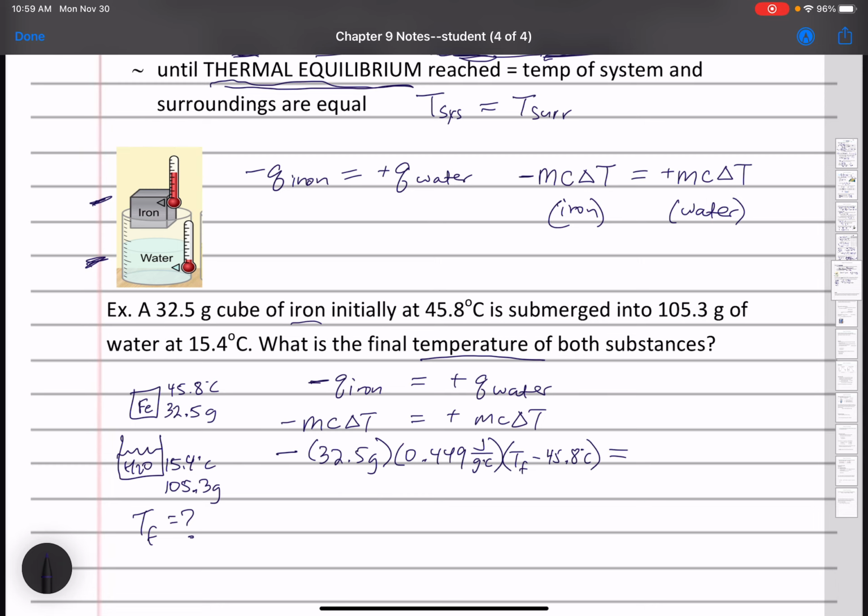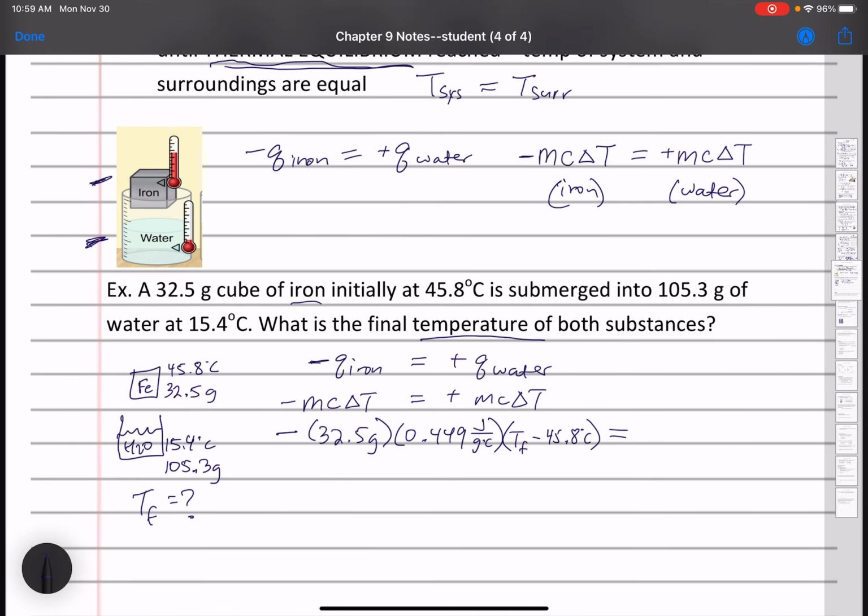All right. Now equal to those same things about the water. So the water's mass was 105.3 grams. The specific heat capacity of water is 4.184 joules per gram degree Celsius. I don't have room to write the units out.